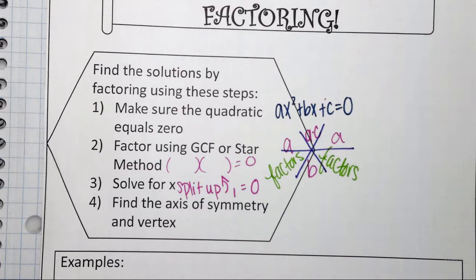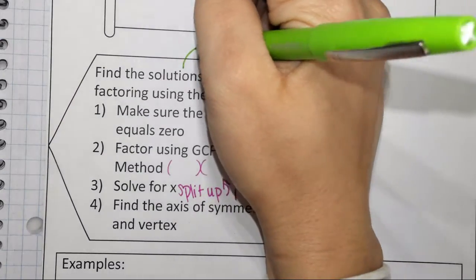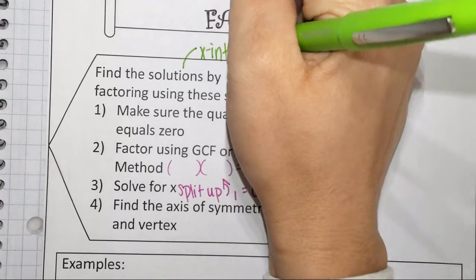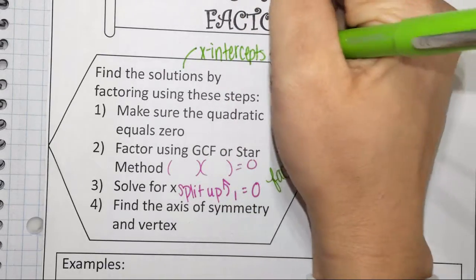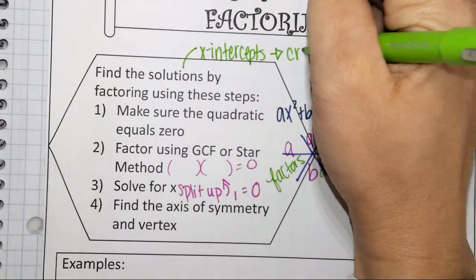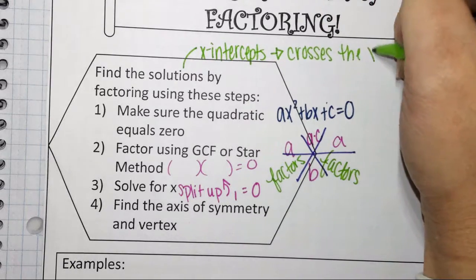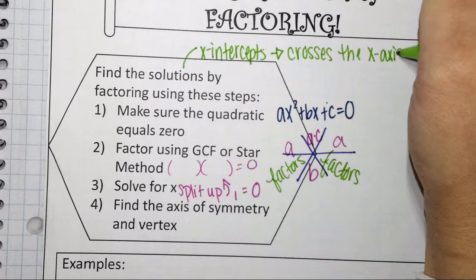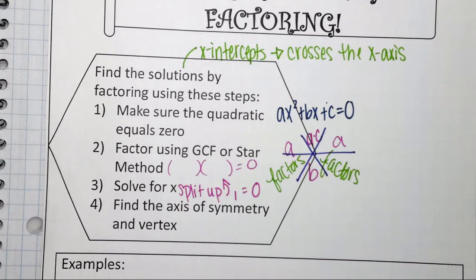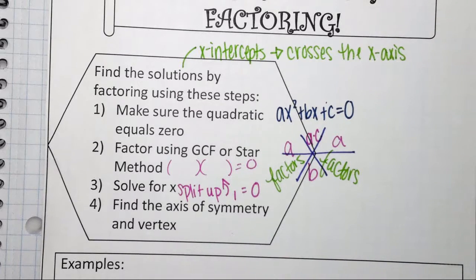Kind of. Where it crosses what? The x-axis. So it's our x-intercepts. And then finally we add in what we learned last week with our axis of symmetry and vertex.